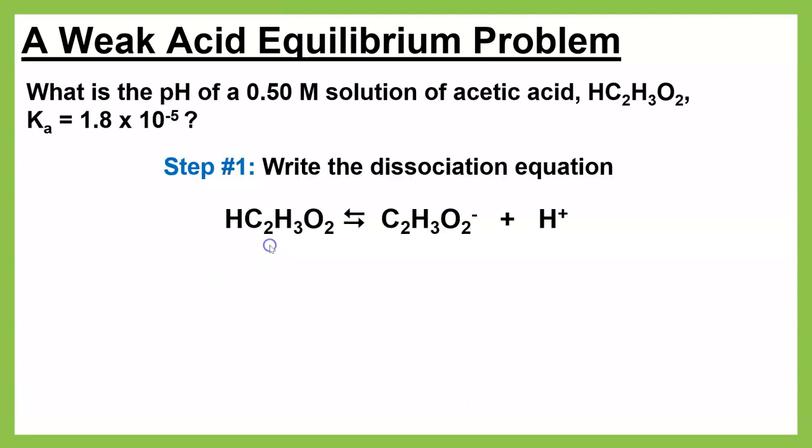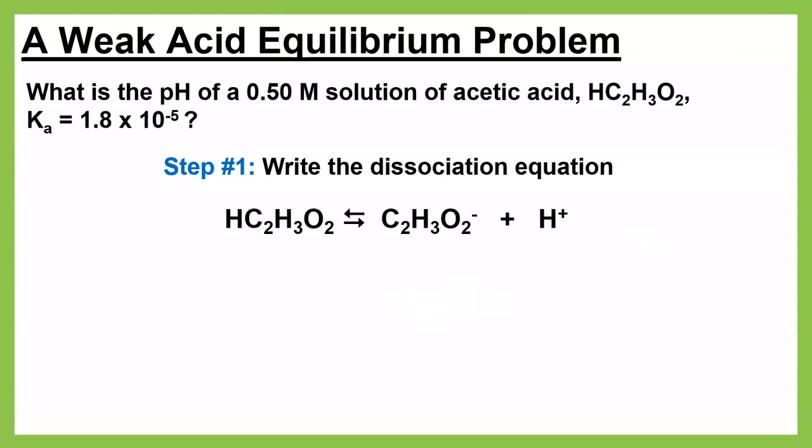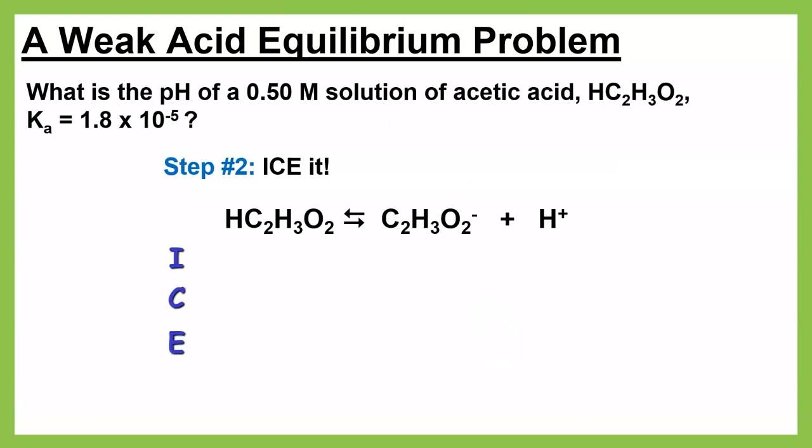All right, so there you go. We will use that equation to set up our ice table. So if you remember, it means initial, change, and the values at equilibrium.